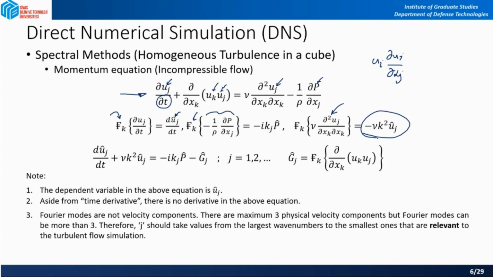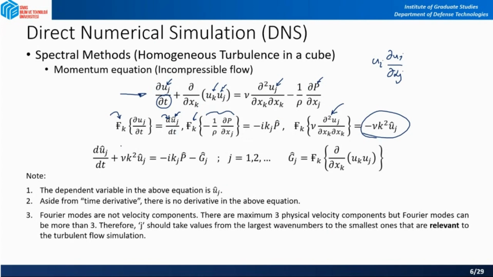So it becomes an ordinary derivative. When you apply the operator F on the time derivative, which is partial of u partial of t, it becomes an ordinary derivative, d u hat dt, in the spectral space.